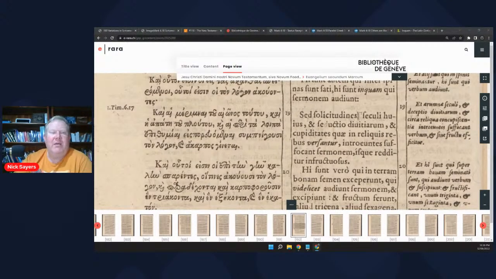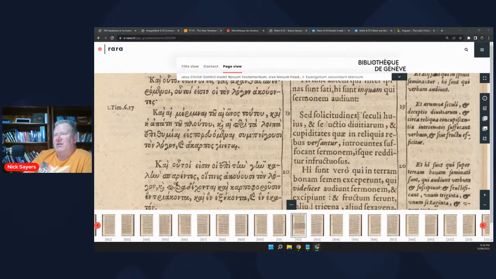So the Latin "qui," which means which, "verbum," the word, "audiunt," they hear, indicative, active, present, third person plural verb from "audio." We're looking at the old Latin versions of F, the 6th century, and the 7th century. So there's no good textual argument against the majority Byzantine text here at all.